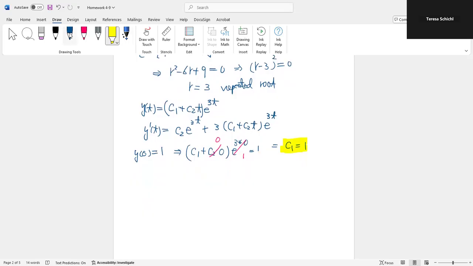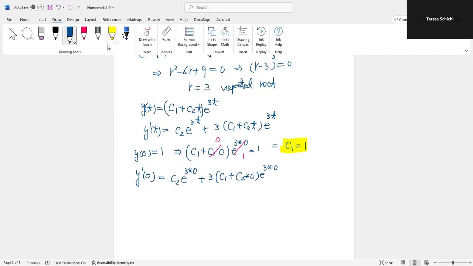Now I need to find C2. So I plug in y prime(0), which is C2 e to the 3 times 0 plus 3 times (C1 plus C2 times 0) e to the 3 times 0.